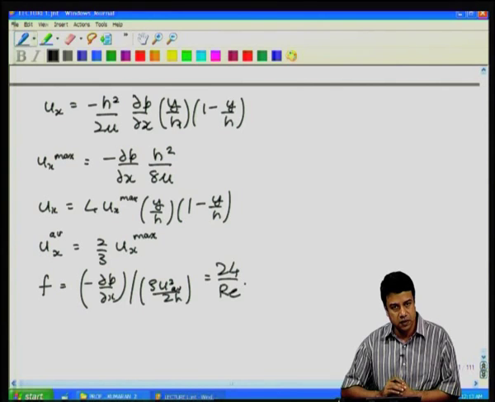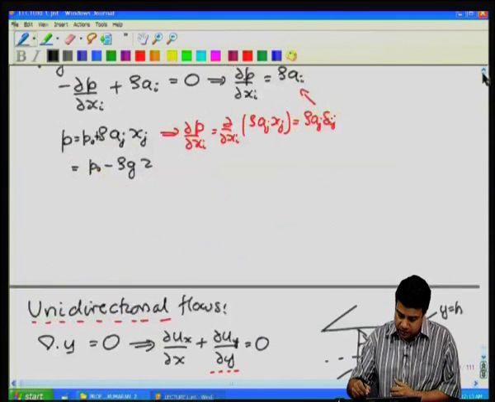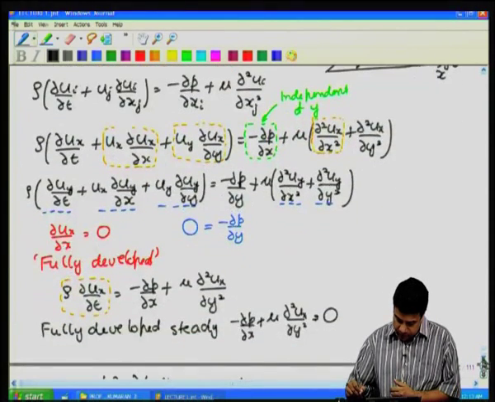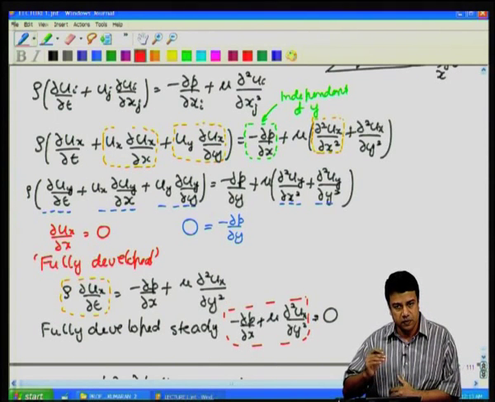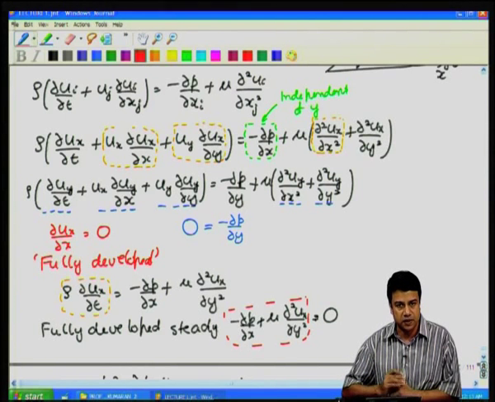So, once you know that for a unidirectional flow the equation has to be of this form, then it is quite easy to solve. You just get a quadratic equation, because from the two equations we know that the pressure is independent of y as well, and then we can solve.